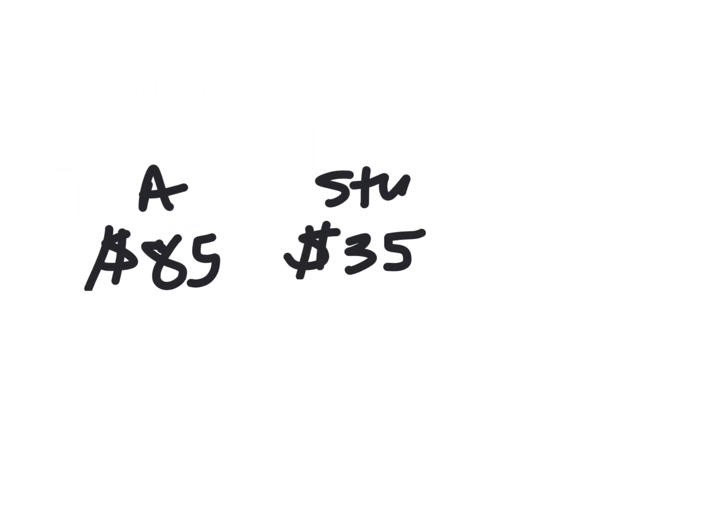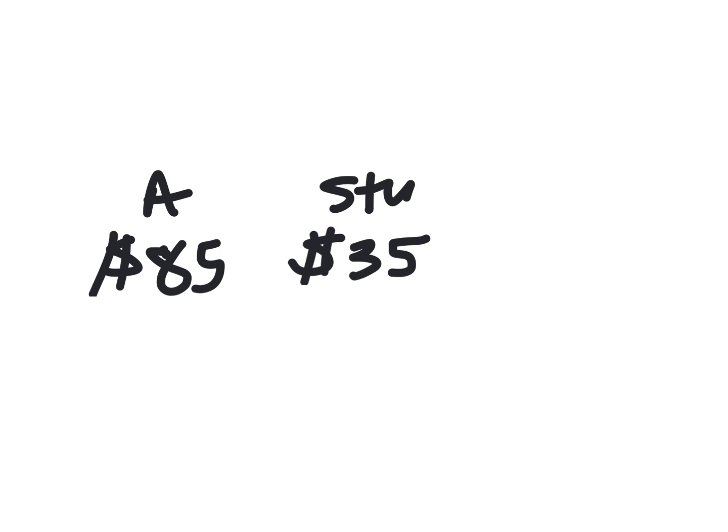Now, the first thing you'd want to pick is what's X and what's Y. Let's make the adults be X and the students be Y. And let's say that this was a big concert, and so they made a lot of money. Let's say that they made $10,000. Can you write the equation for that?